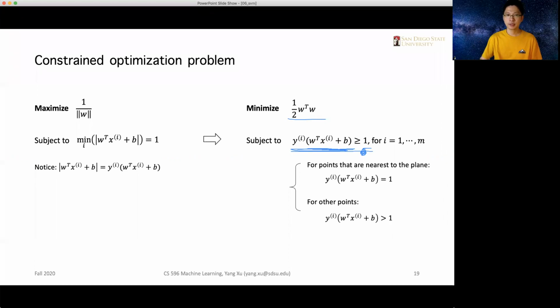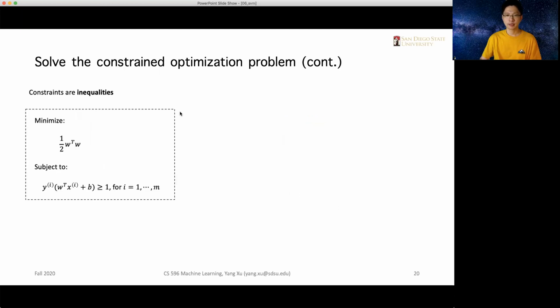When the constraints are inequalities, it becomes a little bit more complex. So let's carry on to the next few steps.